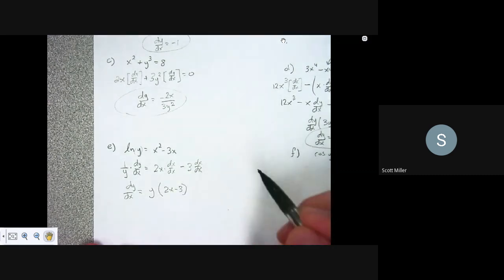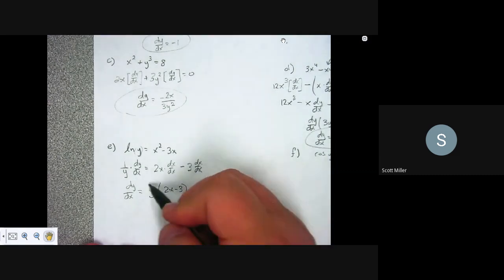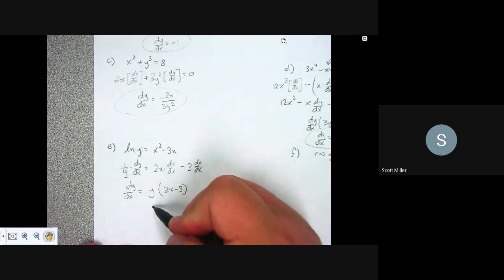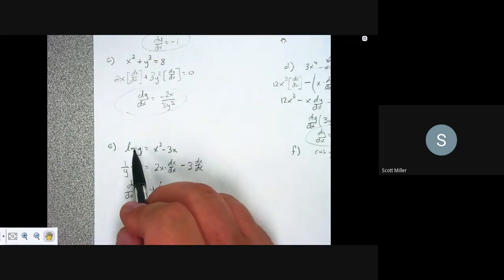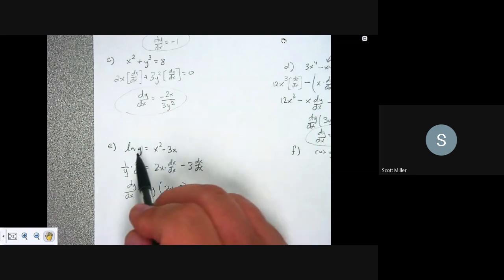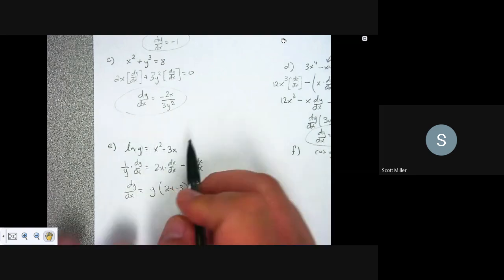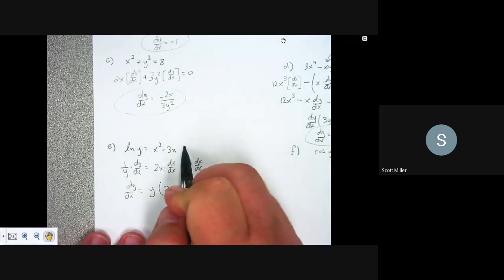Sometimes you can leave it like this, but sometimes you can't. What is y, though? Well, there is no exact y up here, but I can change this log equation to exponential form. Remember the box, circle, triangle stuff we talked about in previous classes?